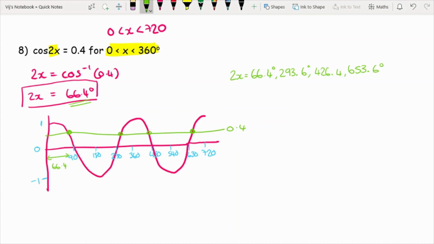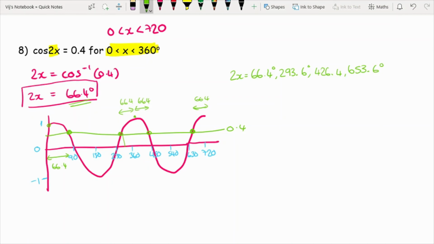All I've done is use that the distance from when it's at 1 is 66.4. So this distance here is 66.4, that distance there is 66.4, and this distance here is 66.4, by adding, subtracting and using the graph to work that out.